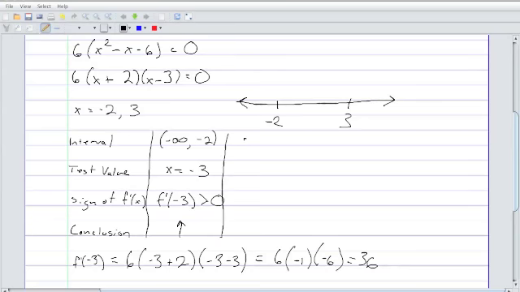If we look at negative 2 to 3, we can choose a test value of x equal to 0.